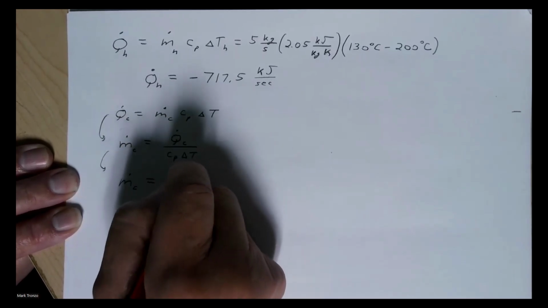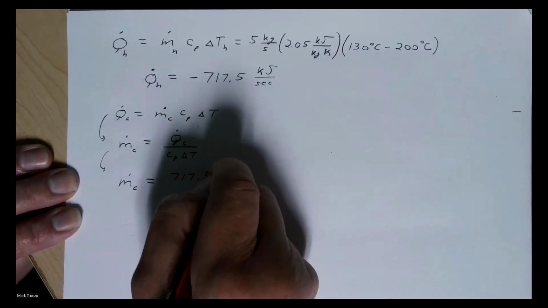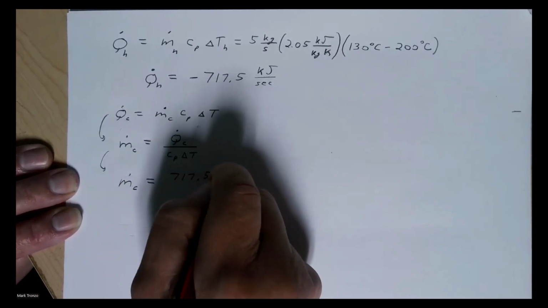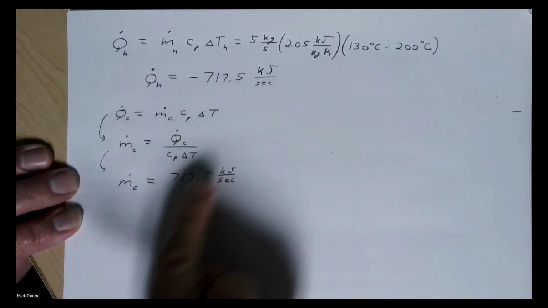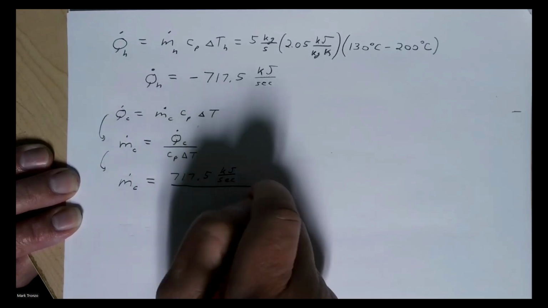And if we look back at our problem, well, first of all, it's 717.5 kilojoules per second. Again, whatever heat the hot fluid lost, the cold fluid will gain.